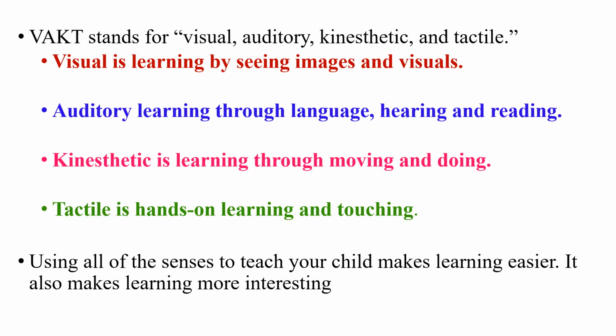T stands for tactile. That is, learning happens through hands, by touching, by moving the hands, or the feel experienced through touch. By using all these senses, learning becomes easier for the child, very meaningful and interesting.